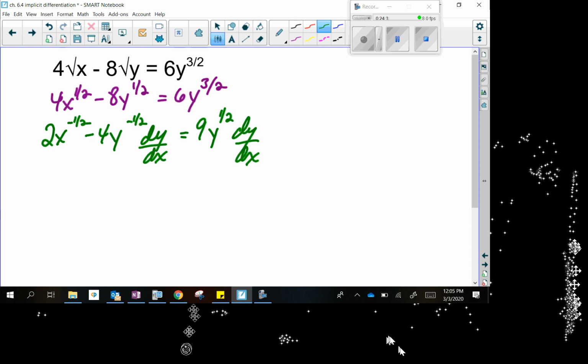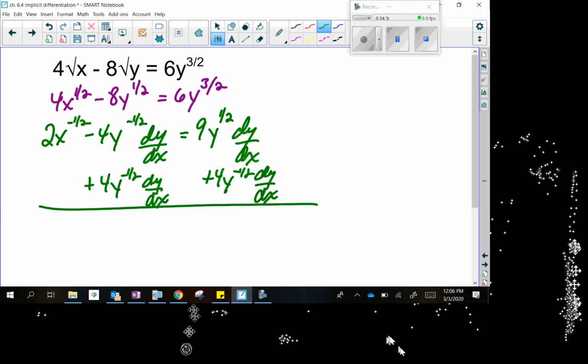Okay, so when we do that, we'll go ahead and bring stuff down too. So we're going to add 4y to the -1/2 to both sides. So I get 2 over x to the 1/2 equals, if you all are okay, I'm going to go ahead and pull out my dy dx at this point. Are you all good with that? Dy dx.